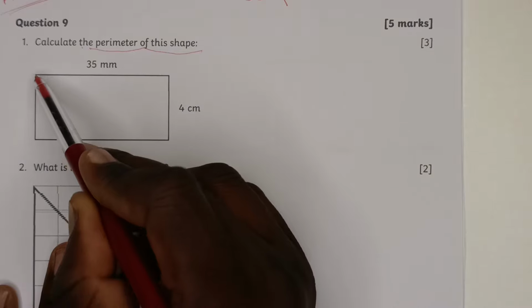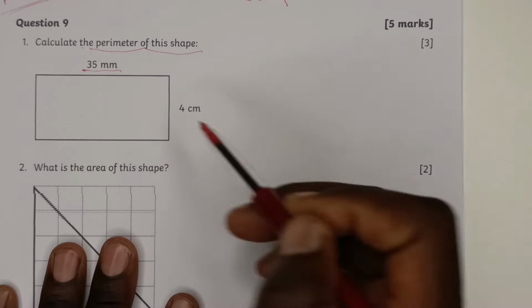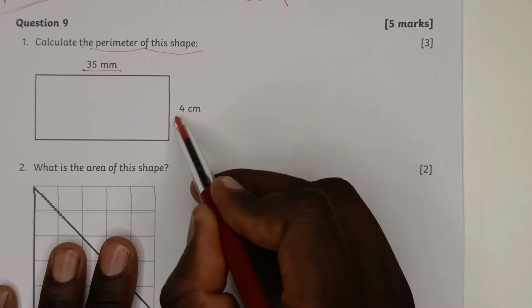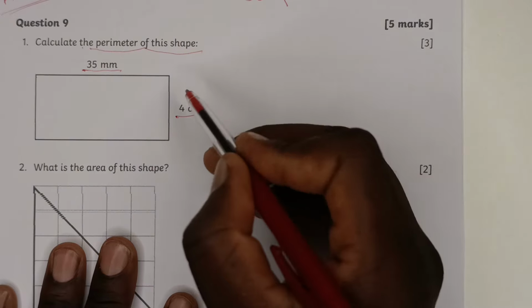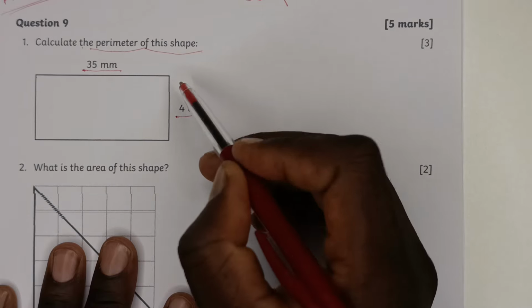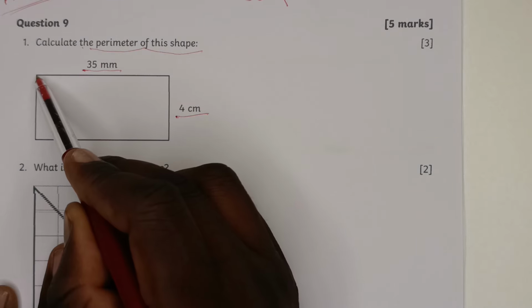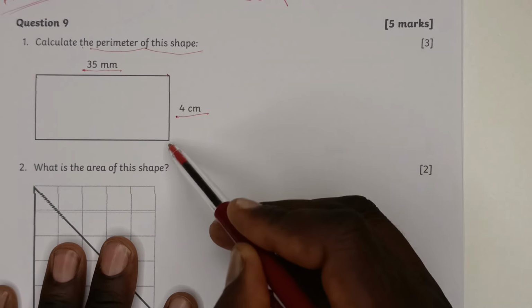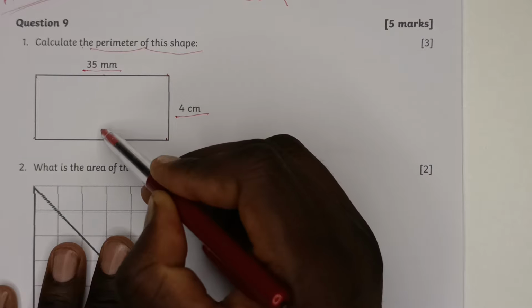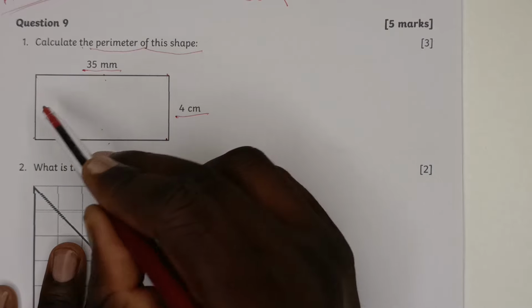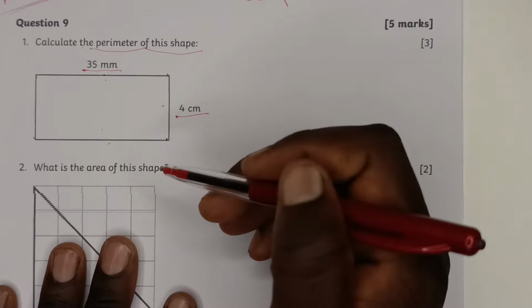Perimeter, here we have got 35, here we have got 4. So perimeter is from here to here to here to here to here. So we have got 2 sides that are equal and 2 sides that are equal.